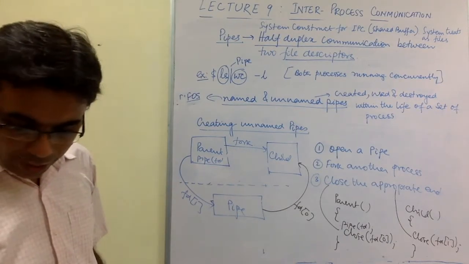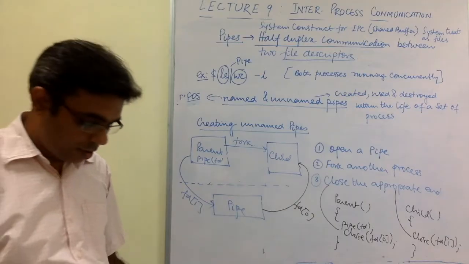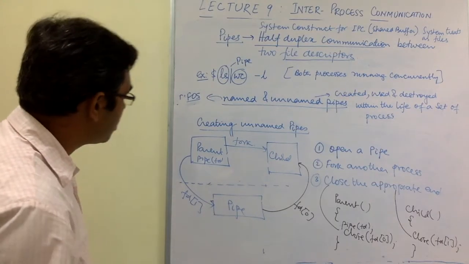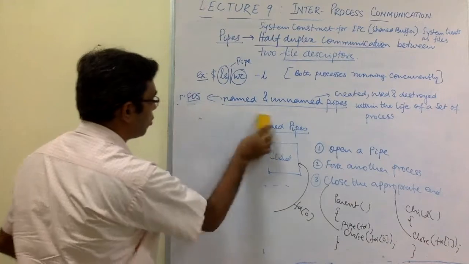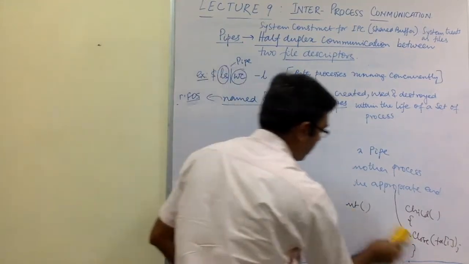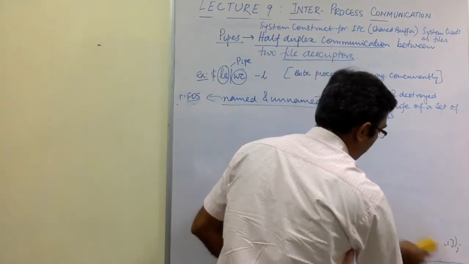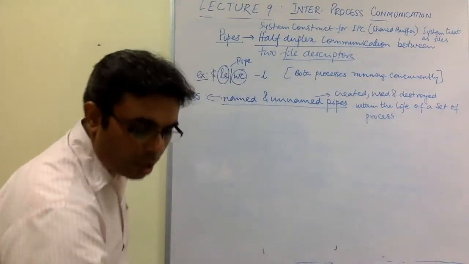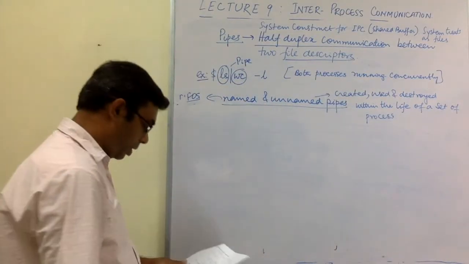Now, in case you would like to have a bidirectional communication, you may make use of 2 pipes and then connect them accordingly, so that you can come up with a bidirectional communication. So something like this.